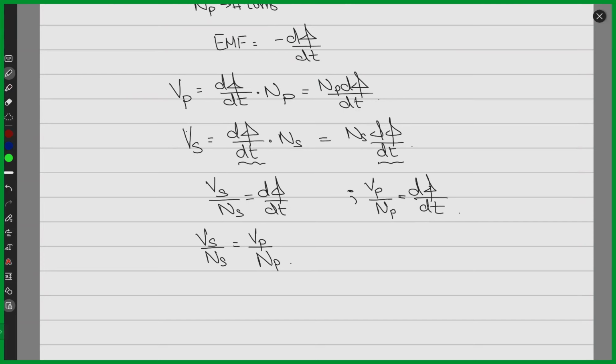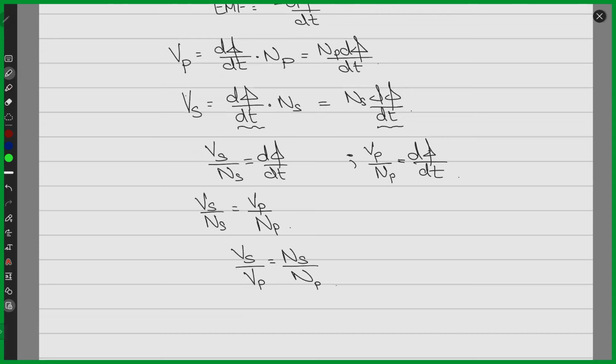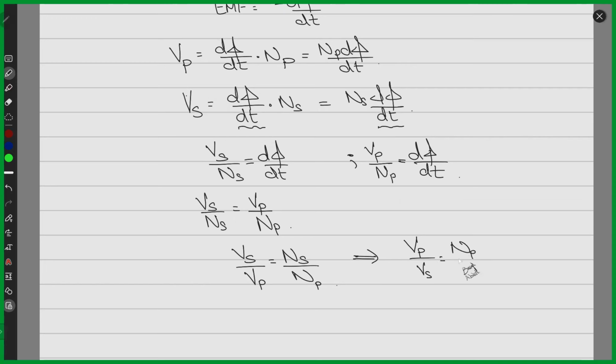And we can rewrite this equation as Vs over Vp equals Ns by Np. Right? And then usually you can also just flip this to say Vp over Vs is equal to Np over Ns. And this is the equation of a transformer.